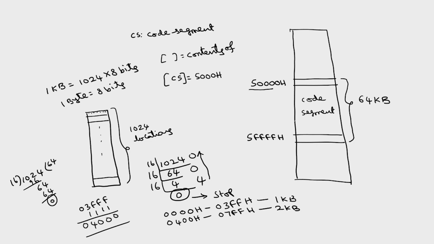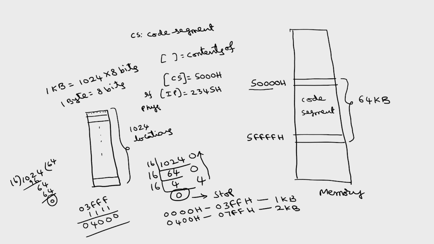Then to access any byte, we will take the instruction pointer. Suppose the instruction pointer has the address 2345H. The physical address from where we are going to either read or write the data in the memory can be obtained using the effective address.